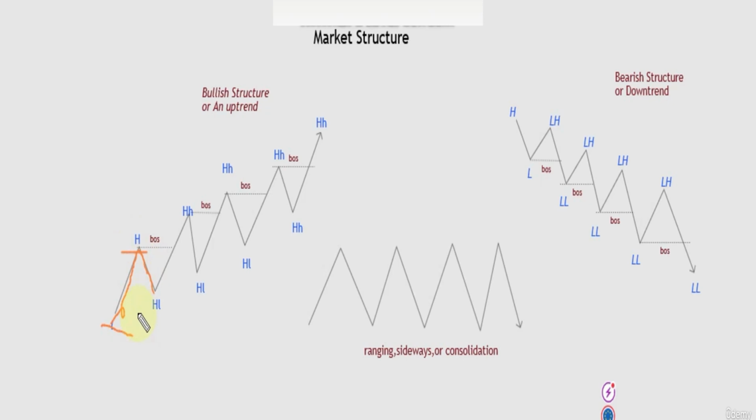Do you get now? From here to here is also a structure. It is no longer a straight line like this. It has gone like this. So from this place to this place is a structure, and from here to here is a structure.